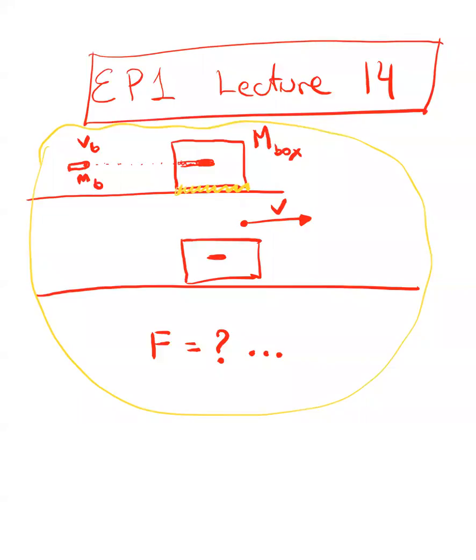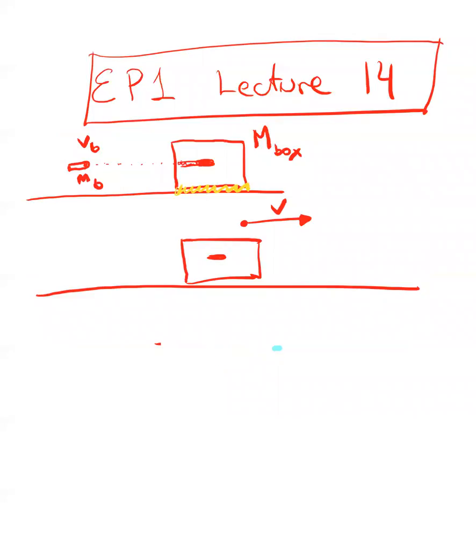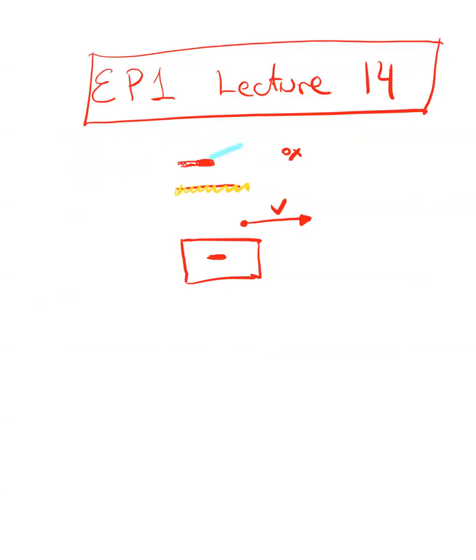Okay, so how do we deal with these kinds of situations? Basically, what we want to do is see if, when we don't know the exact nature of the forces, there is still something that we can say about interactions. I would like now to move to slide number 4.